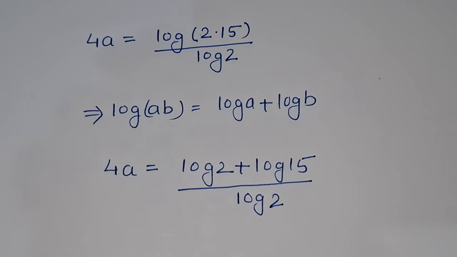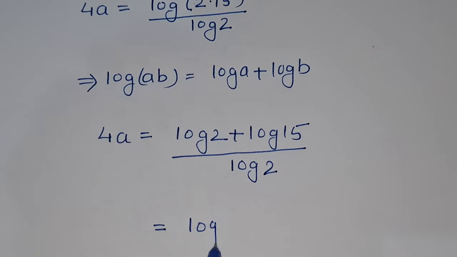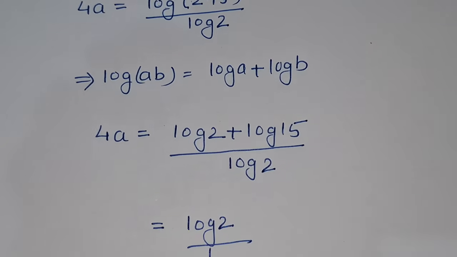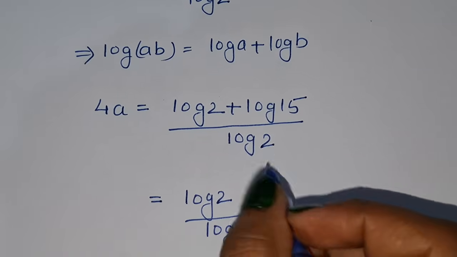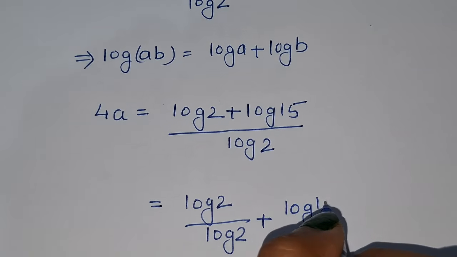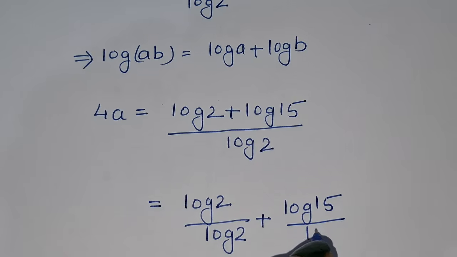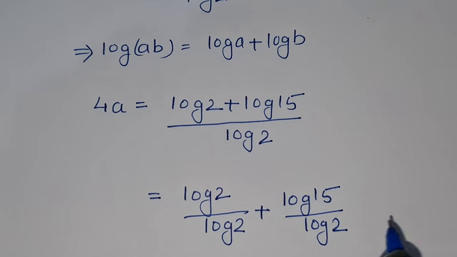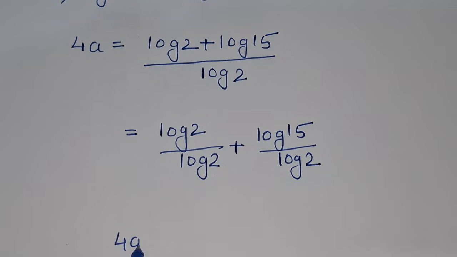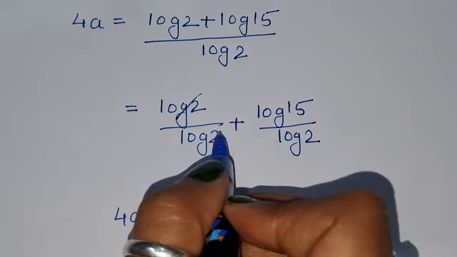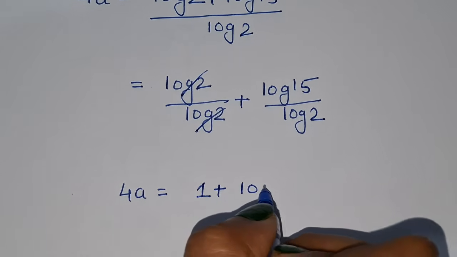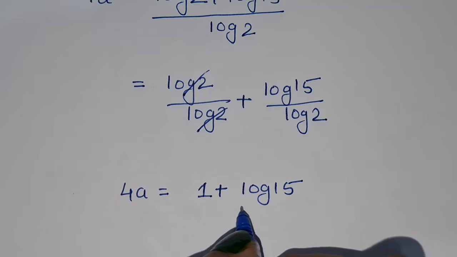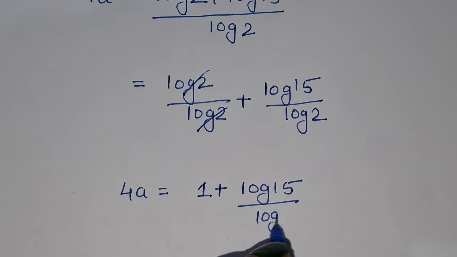Now 4a is equal to log of 2 divided by log of 2, we are separating the terms, plus log of 15 divided by log of 2. Now 4a is equal to log of 2 divided by log of 2, so it will become 1 plus log of 15 divided by log of 2.